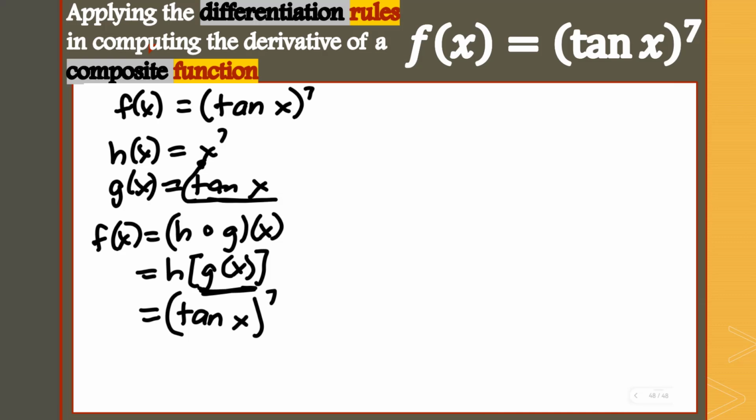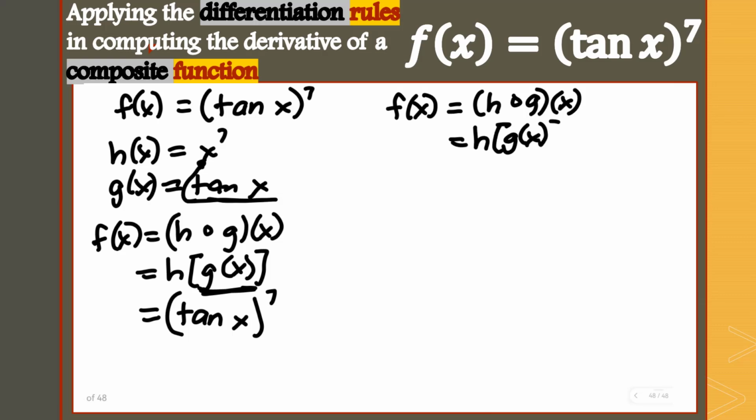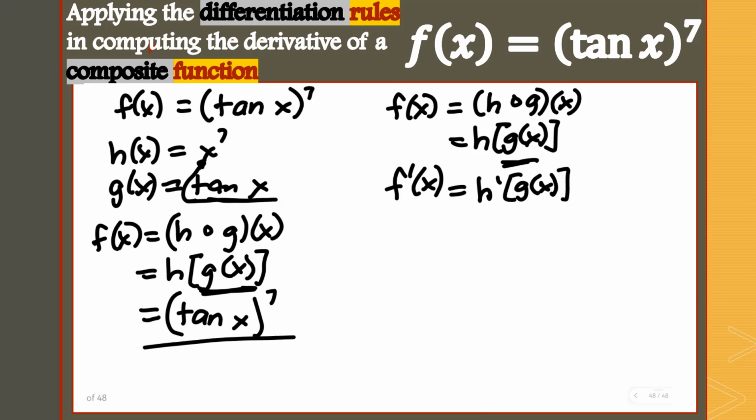So just illustrating this so that we can really use here the chain rule as the rule of differentiating composite functions. It follows that if you have an f of x which is a composite function of two other functions, in this case h and g of x is the new x for h, its first derivative is equal to the derivative of h, treating this as just one entity, in short only using the rule in differentiating a power, times g prime of x, the derivative of what's inside.